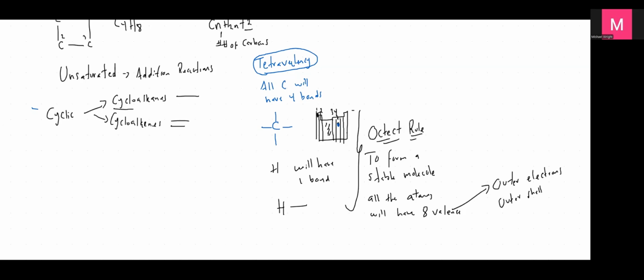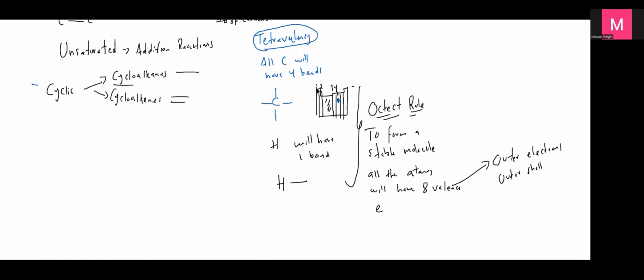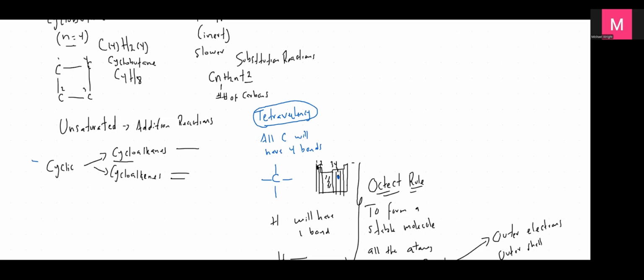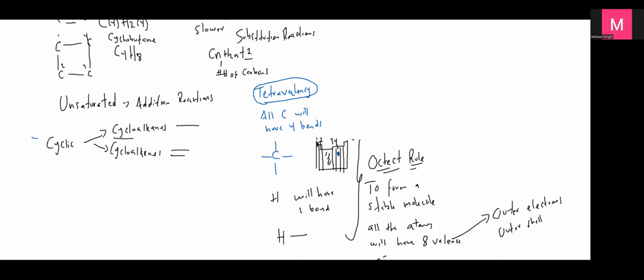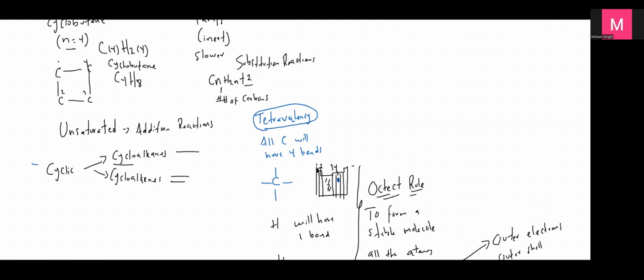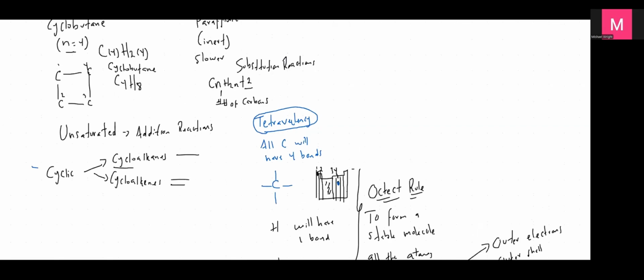So all the atoms will have 8 valence electrons. They will have this tendency, right? But all right, so let's go back to the topic. So that's why you're going to find normally a carbon bonded to a hydrogen or vice versa, because that's what happens. Okay, so here we have different examples.